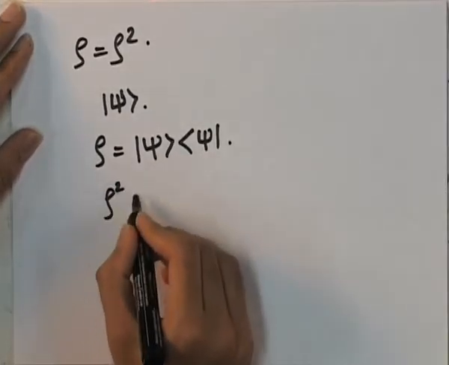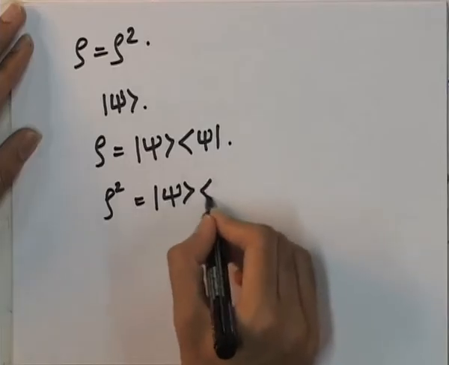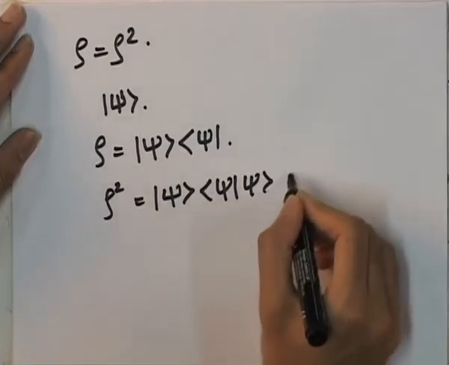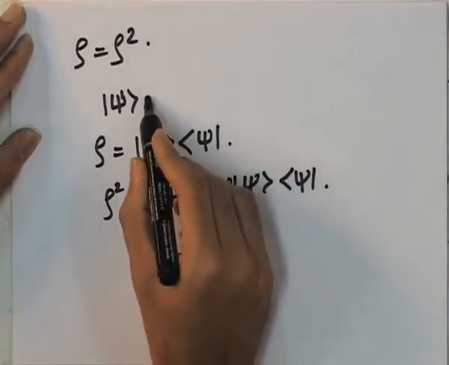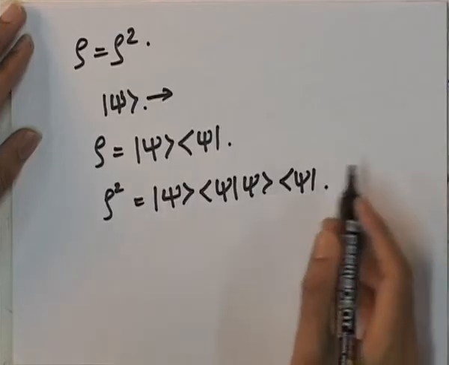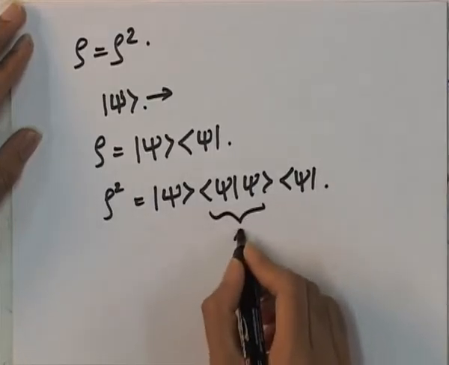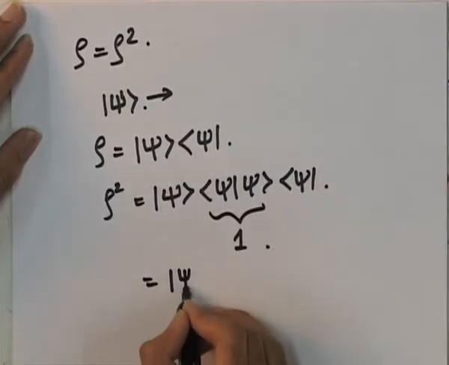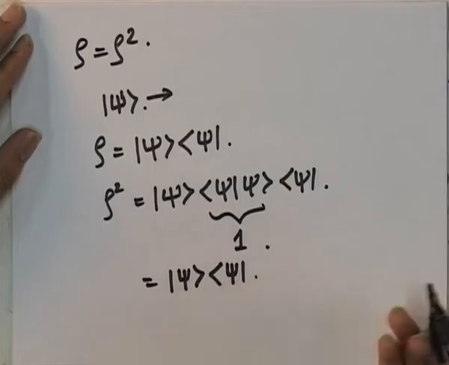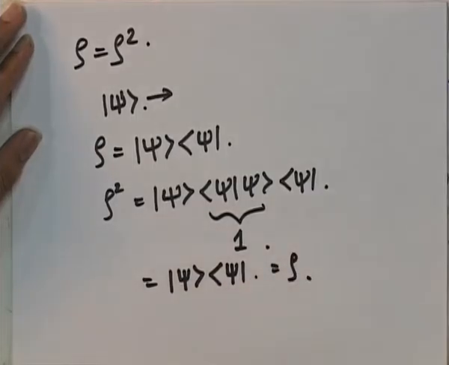Therefore rho square would just be ket psi, bra psi, ket psi, bra psi. Since we have already assumed that the state psi is normalized, this is equal to 1 and we get back ket psi, bra psi again, which is clearly rho. Hence option A is correct.